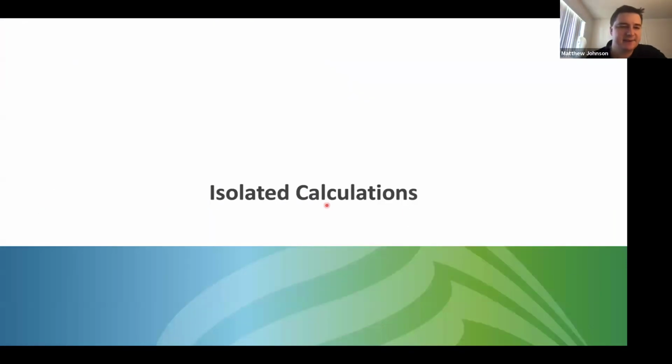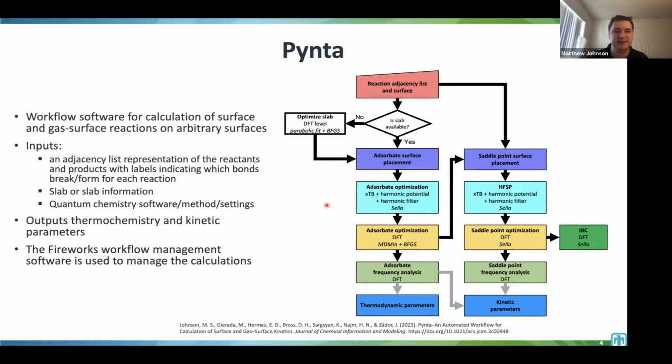First, I'm going to talk about isolated calculations, so calculations where you're just doing an individual adsorbate or an individual transition state on the surface. Broadly, Pynta is a workflow software for calculating surface and gas-surface reactions. The isolated workflow is here.